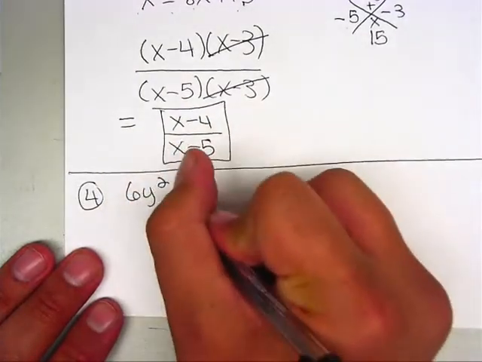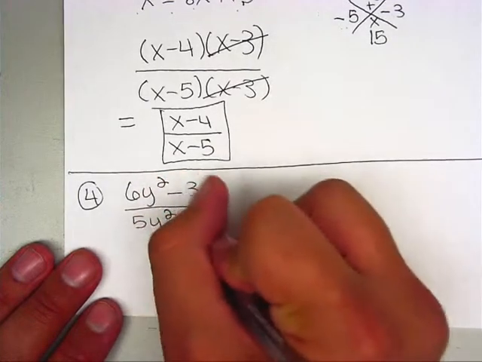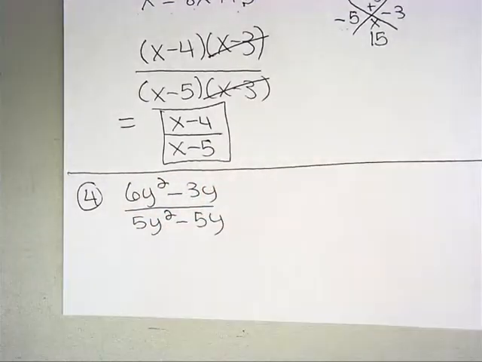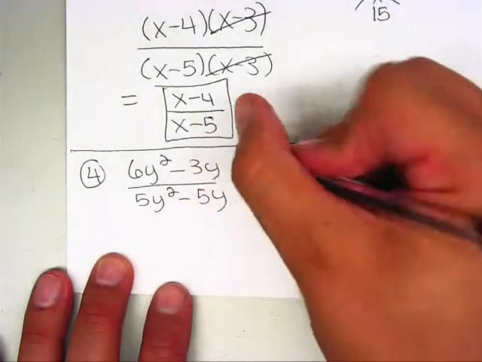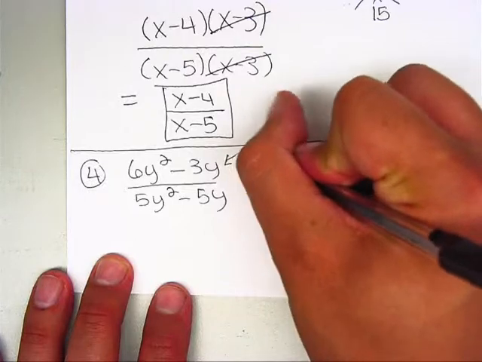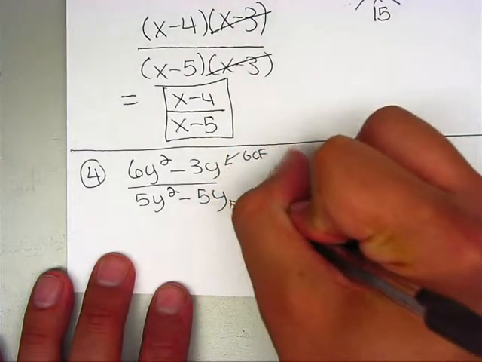Six y squared minus 3y over 5y squared minus 5y. The strategy that I'm going to use for this problem is greatest common factor on the top, greatest common factor on the bottom.